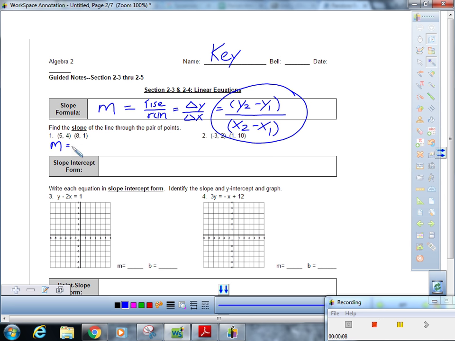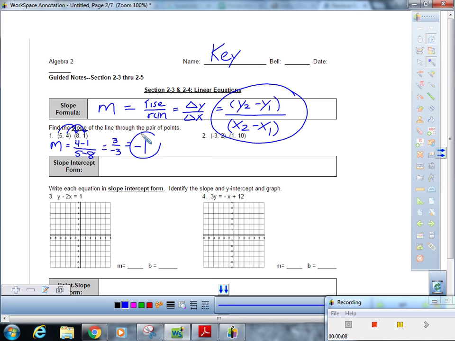I want you to know that you can call whatever you want x2. So you could say it's 4 minus 1. But once I go in this direction, then I have to go in the exact same direction. So I'd have to say on the bottom, 5 minus 8. So you get 3 on the top. You get negative 3 on the bottom, so the answer is negative 1.